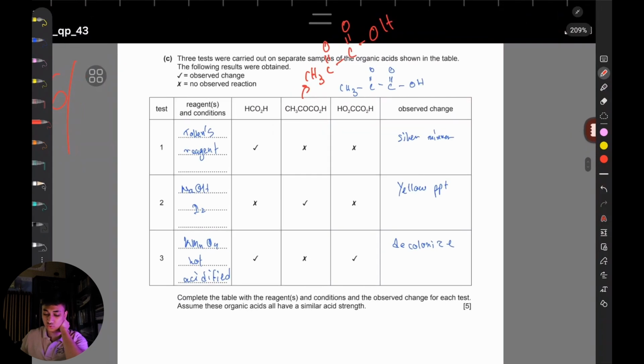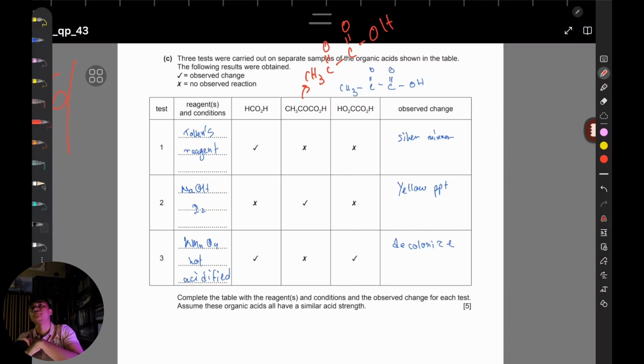Now they're asking you to identify reagents such that these reagents will only react with this or this or this, right? Fair enough. So for the first one, test 1, the reagents are only reacting with methanoic acid but not reacting with your ketone group or ethane dioic acid.